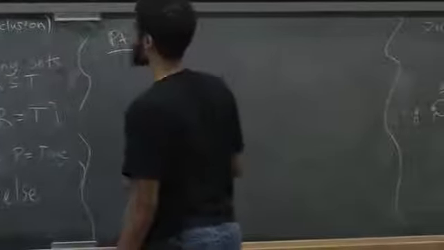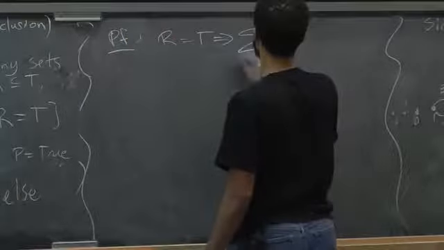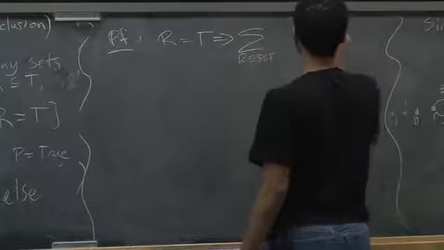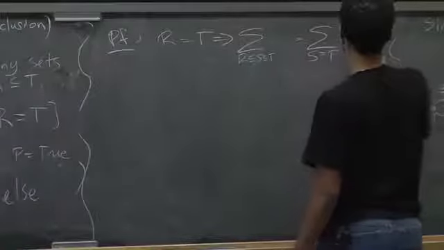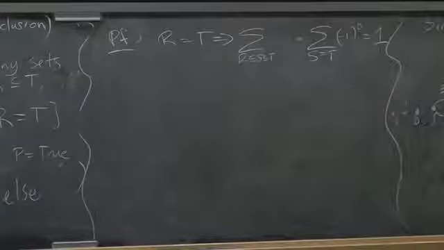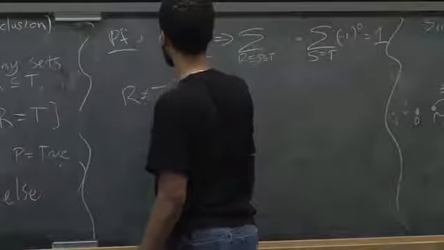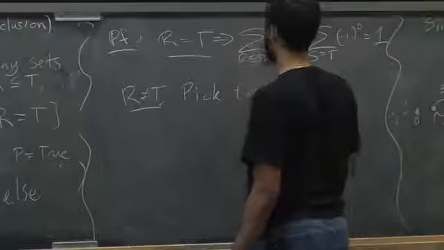Proof. R equals T implies the summation over R subset S subset T is just the sum over S equals T of (-1)^0, which is 1. If R is not equal to T, pick some t in the difference.